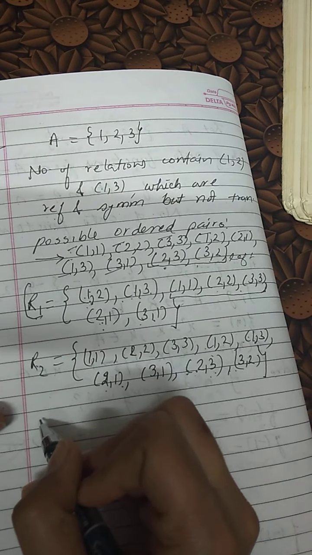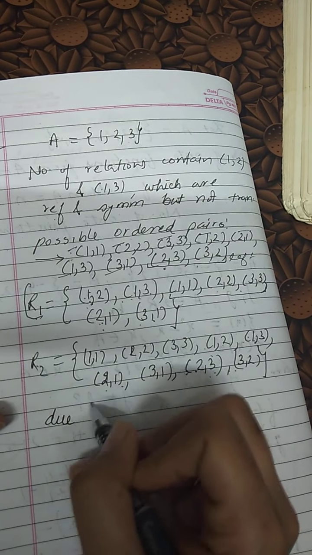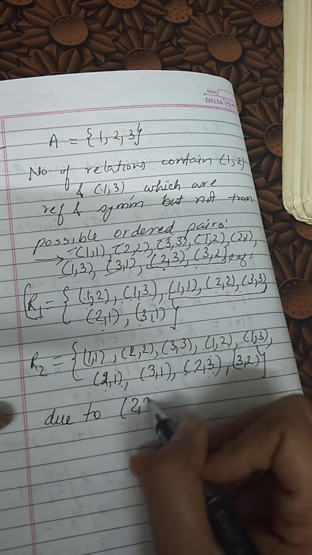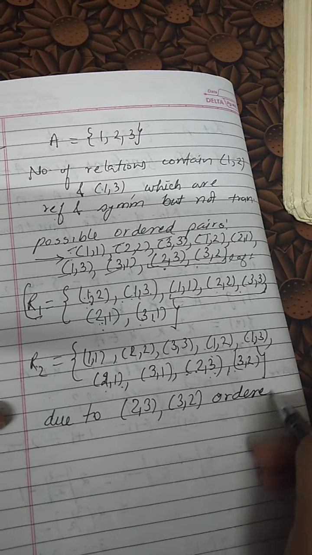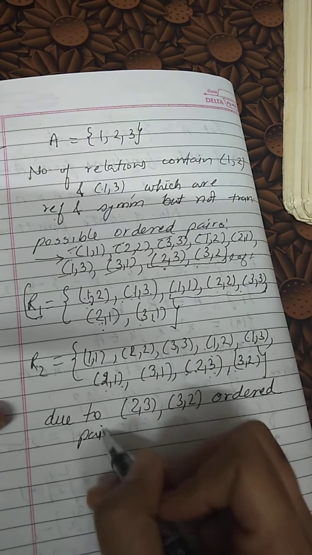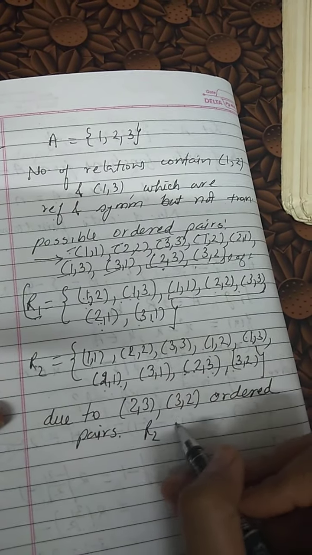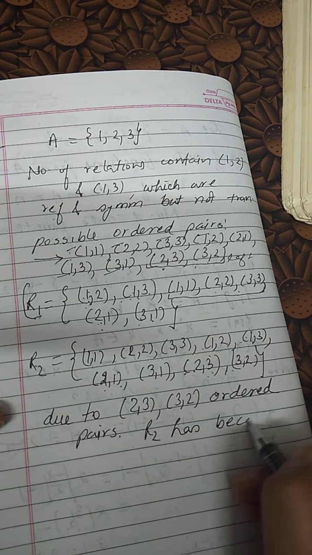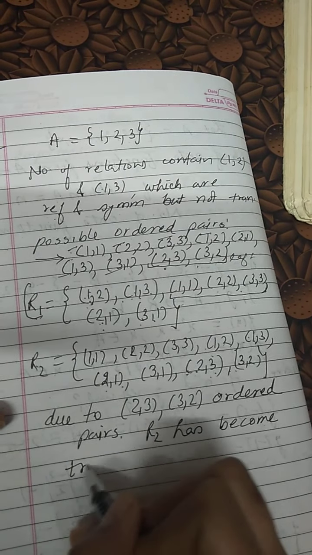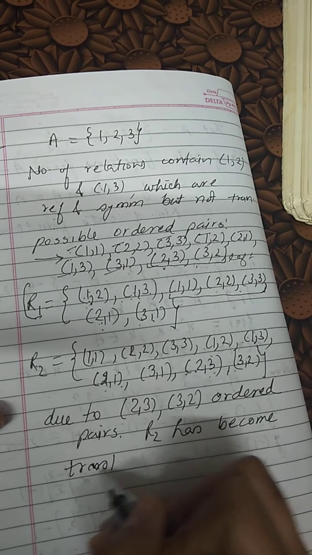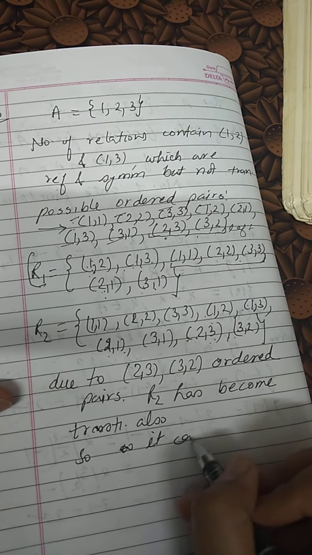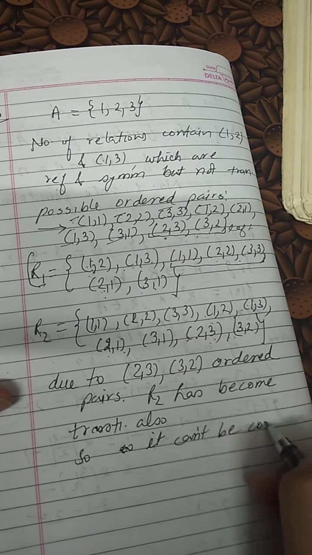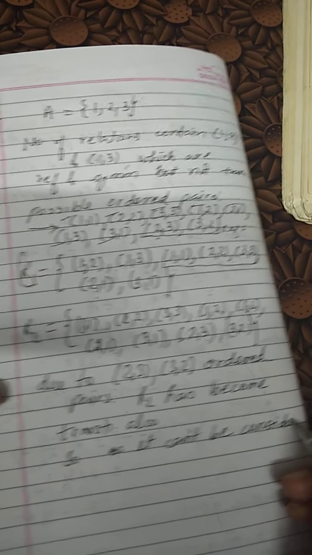So here what is happening, due to the 2 comma 3 and 3 comma 2 ordered pairs, R2 has become transitive also. So it can't be considered, because the relation should not be transitive.